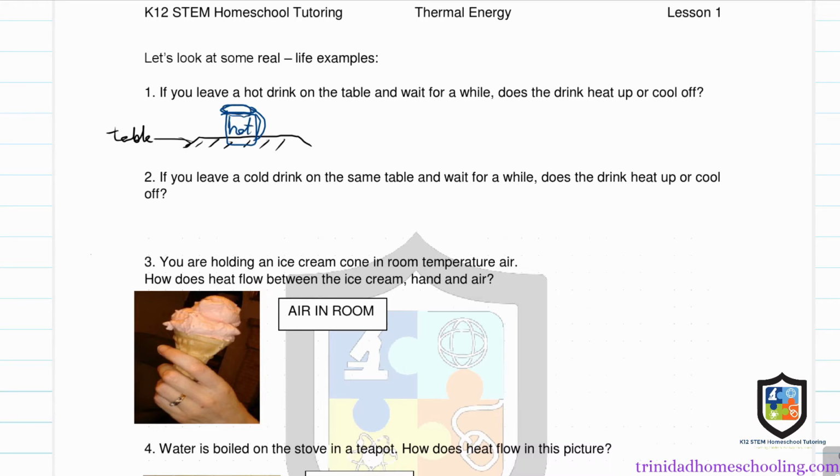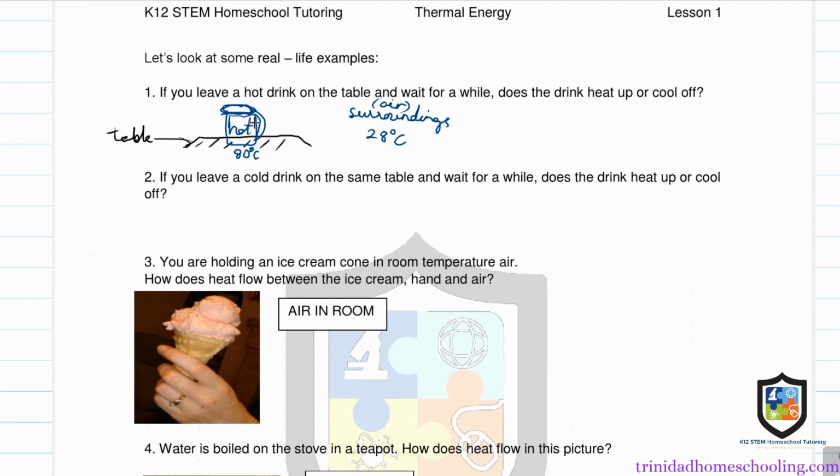Now, if here is hot, my surroundings would be colder. So let's pretend this is a mug, and my mug is hot at 80 degrees Celsius. And my surroundings, which is the air, is at 28 degrees Celsius, which is normal room temperature for our climate. What do you think will happen? In what direction would the heat flow?